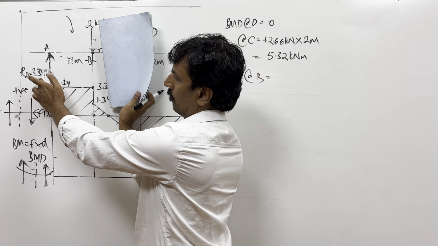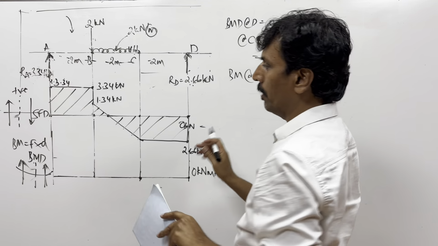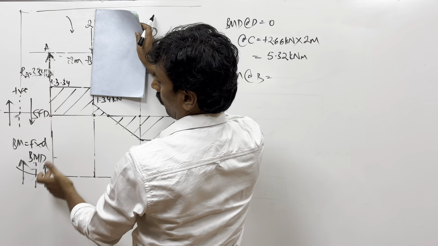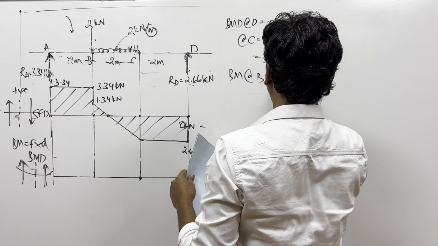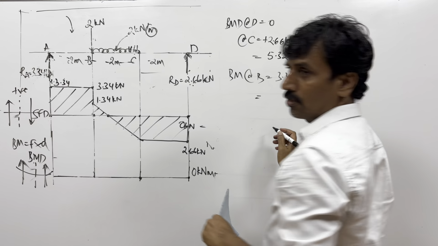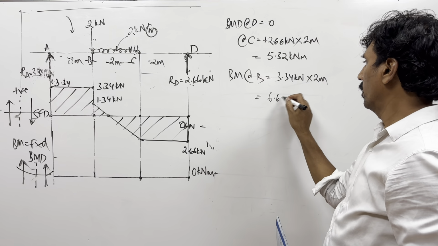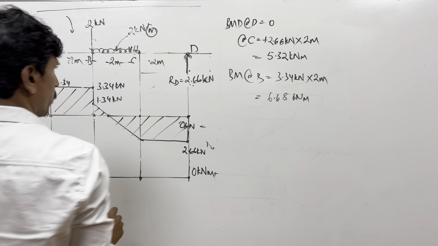RE value? So 3.34. What is the distance? 2. So here, is bending moment positive or negative? It's positive, 3.34 into 2. So bending moment is 3.34 kilonewton into 2 meters. So much is the answer? 6.68 kilonewton meter.